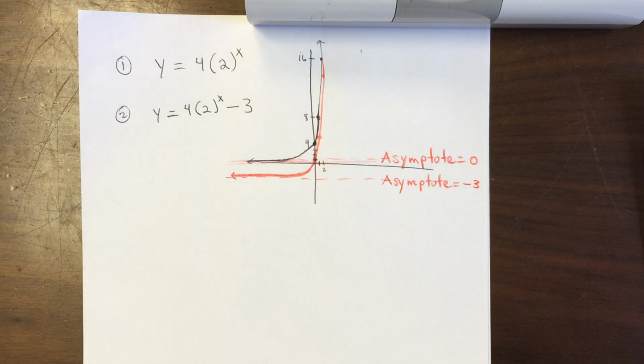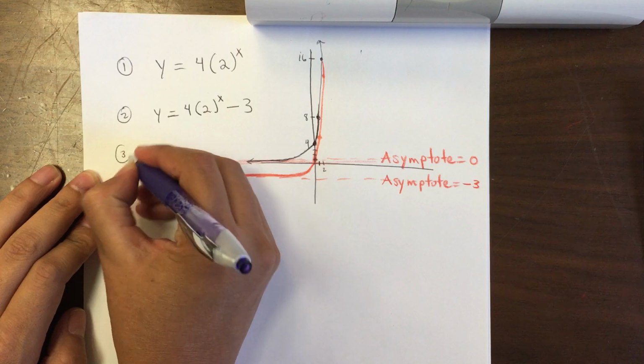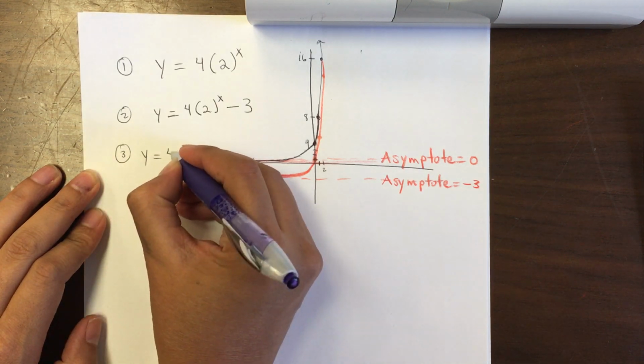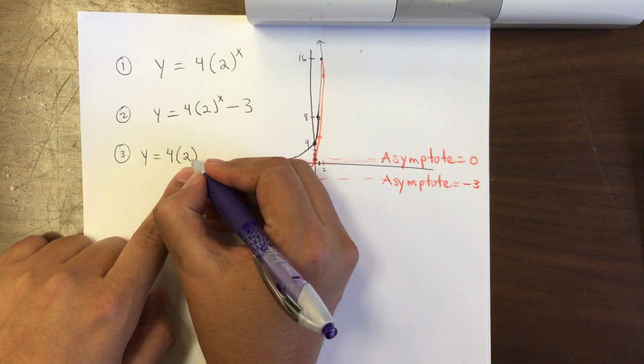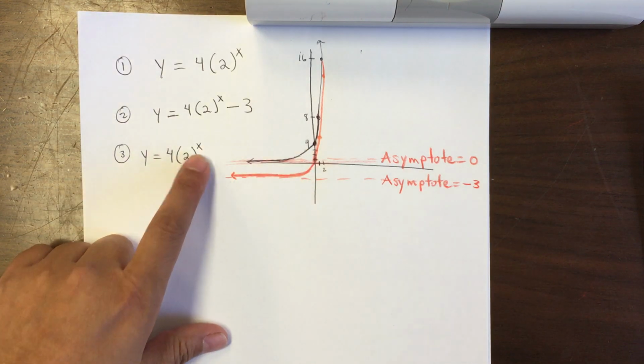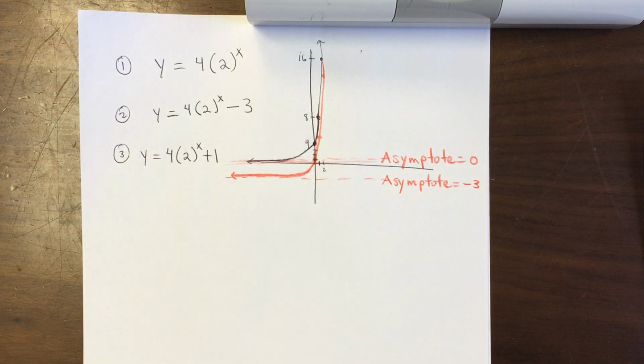Now what if I have y equals 4 as the initial point. I'm doubling it every cycle, but I'm going to add 1 to the grand total.